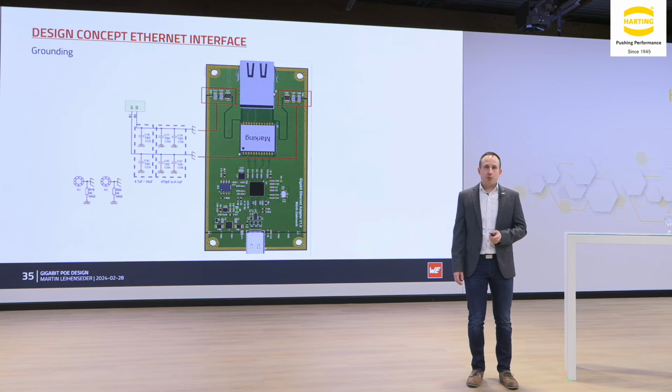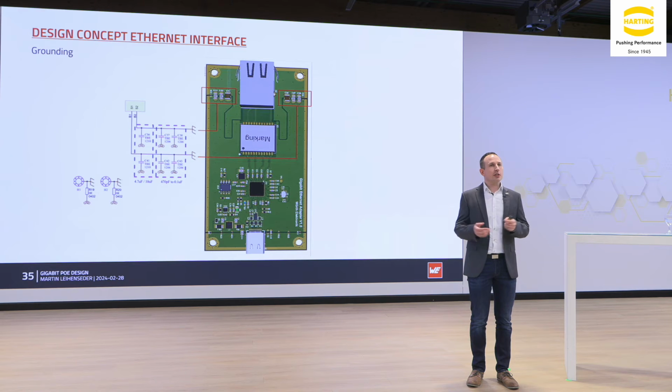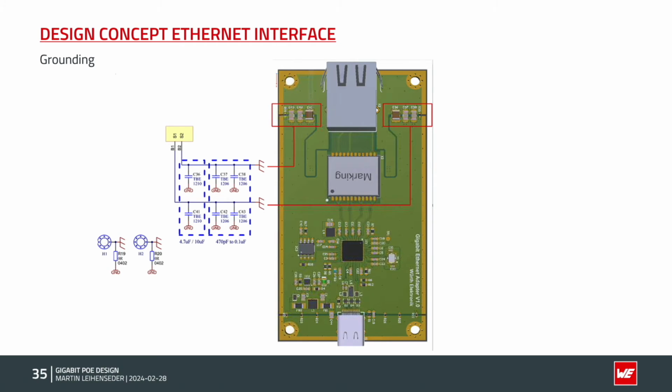So when we see a circuit board, this is also the Gigabit Ethernet circuit board that we have. Then we placed some capacitors between this chassis ground and this analog ground. And we have different cases now. One case is you have a metal chassis, which is, of course, the best case, and we think of cables which are shielded.